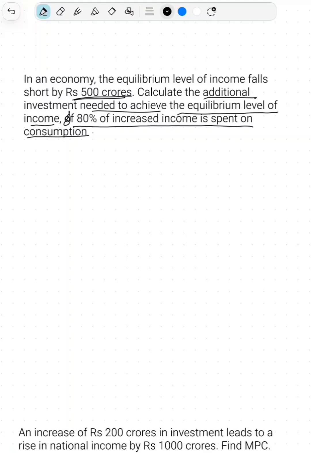Equilibrium level of income falls short. What does this mean? So earlier I have explained, if additional income increased by 500 crore, what would you have considered?